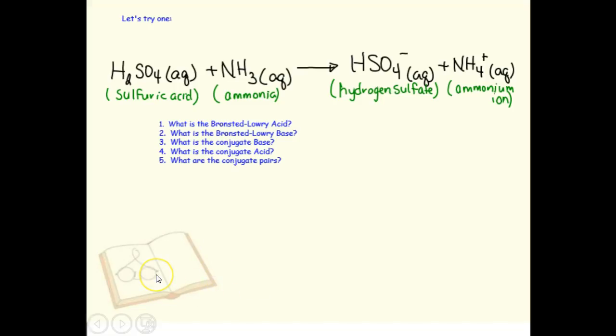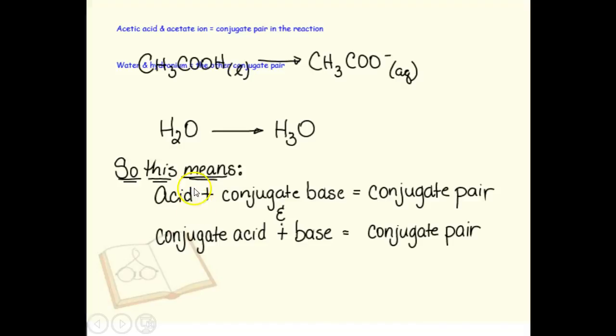So, oops, went a little bit too far, and this is a little bit shifted here. When we look at this again in the same perspective, the acid and the conjugate base are going to make up a conjugate pair. So the original acid and then the conjugate base that was made, and notice that it's just the one without that hydrogen.